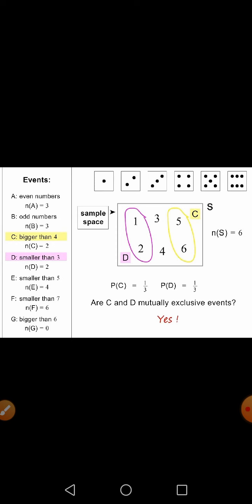Of course not. So it's called mutually exclusive, which means there's no way both happen in one throw. If I got 1, is 1 bigger than 4 and smaller than 3? Of course not. It's smaller than 3, but it's not bigger than 4. So the 2 events cannot happen in one throw. So it's called a mutually exclusive event. Okay.